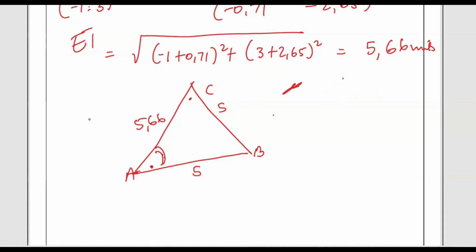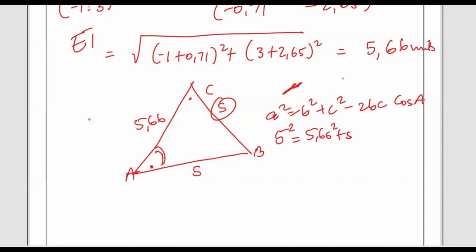So it's saying A squared is equal to B squared plus C squared minus 2BC cos of A. If this is our A, it's going to be 5 squared is equal to 5.66 squared plus 5 squared minus 2 times 5.66 multiplied by 5 and then the cos of A. So this can cancel that.